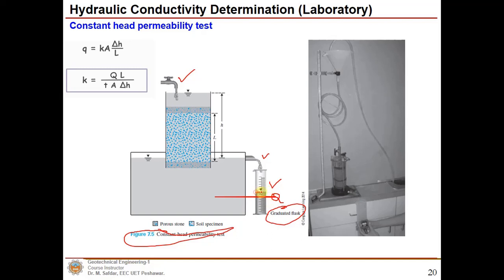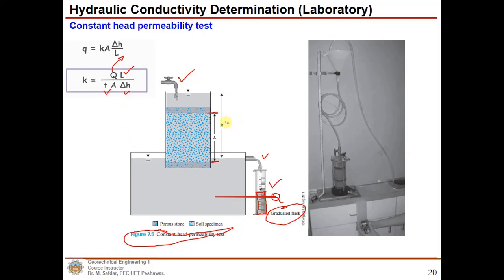Now the total volume of water which is collected in this graduated flask and the time required to reach this volume of water is also recorded, and then we can use this equation where Q is the volume of water in the graduated flask, L is the length of the specimen, T is the time needed or time duration in which that Q volume of water is collected in this graduated flask.